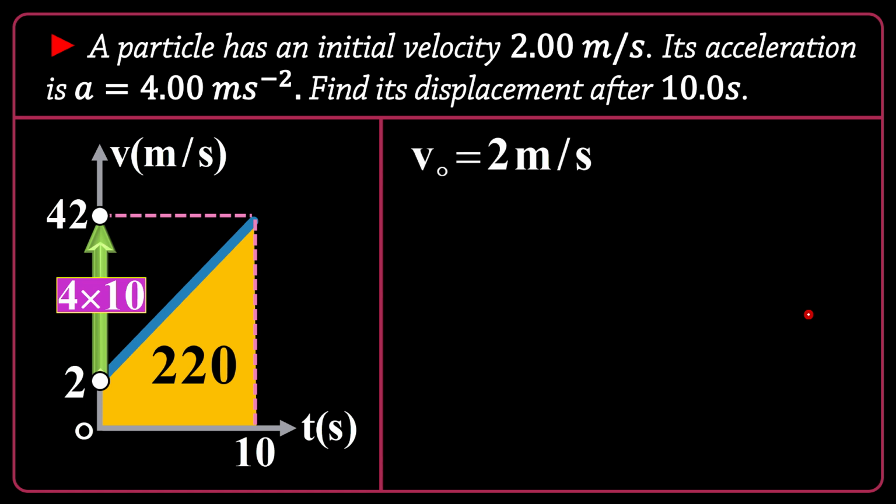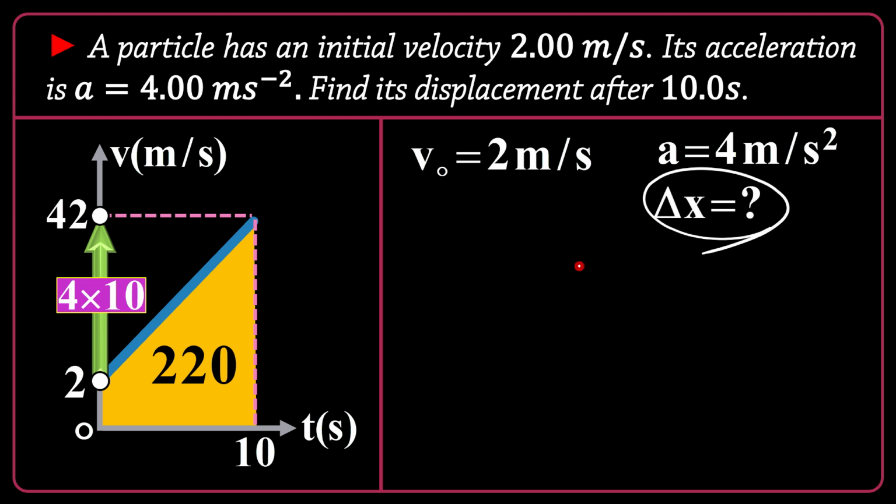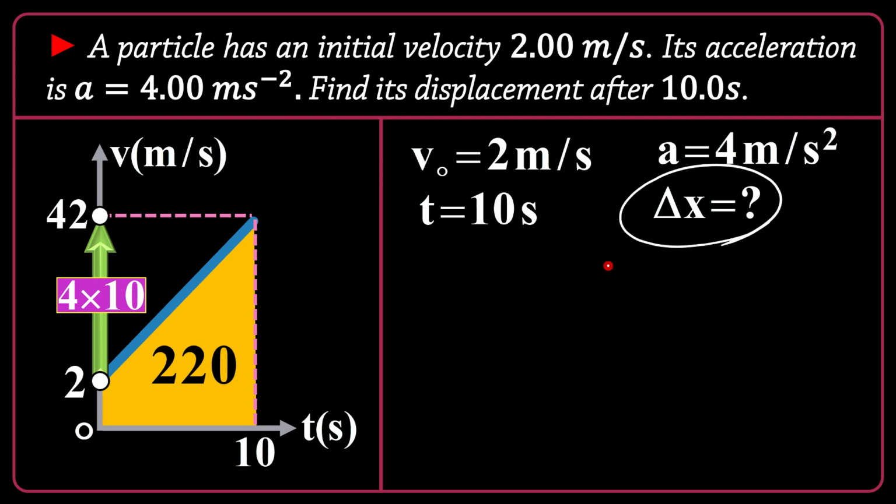The given data are v naught to be 2 meters per second, acceleration 4, and delta x is wanted. This is our goal, and the time is 10. I'm going to find an equation to embrace all the given data. The best is to find just a single equation using all the data, and then the goal may be one of the parameters I should find. Delta x equal to a half of at squared plus v naught t may be the best approach.